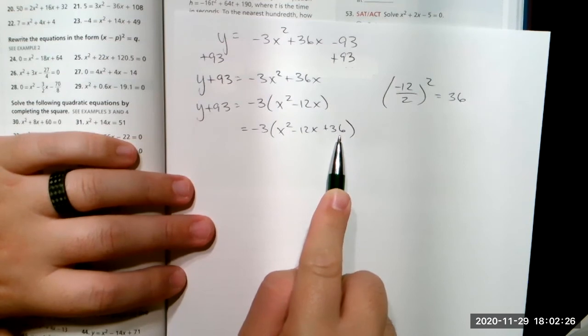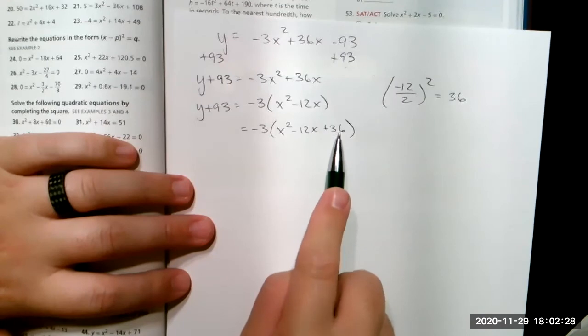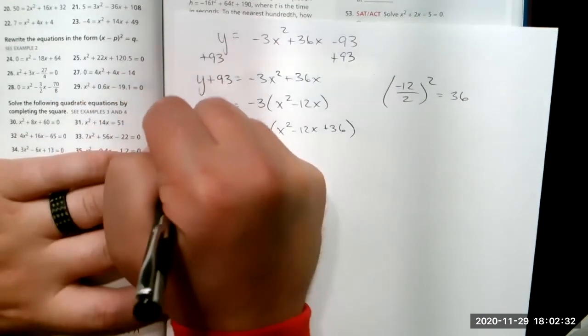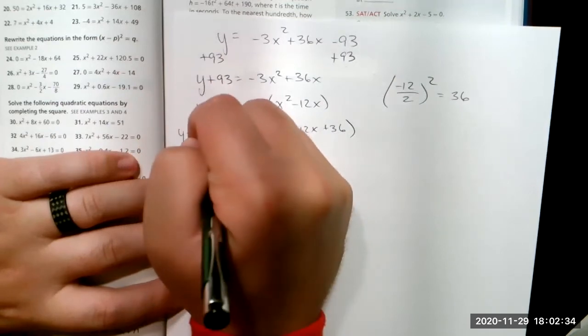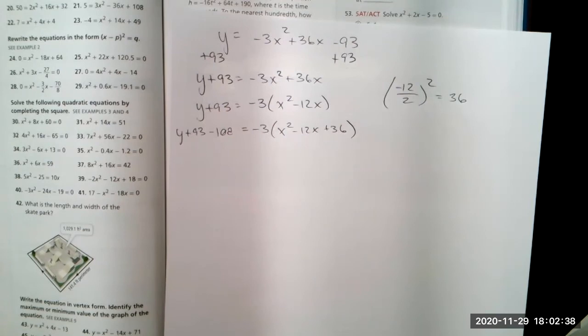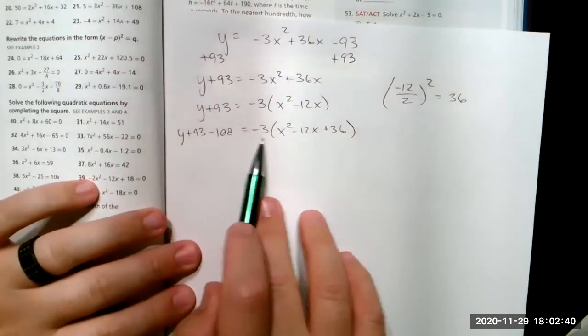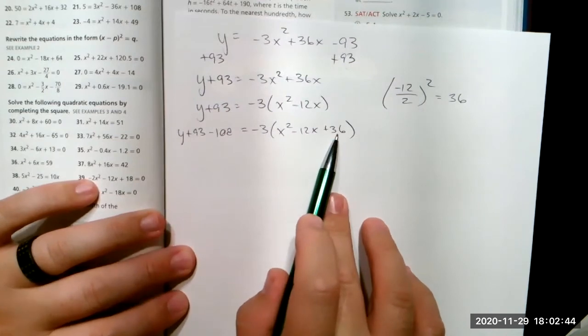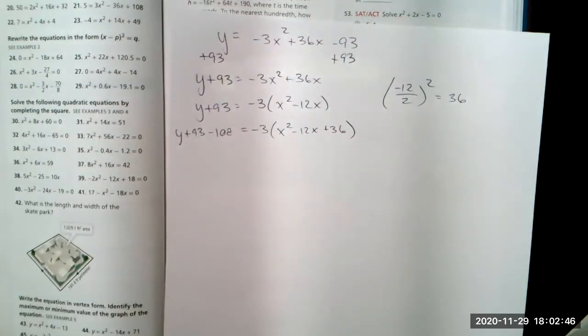Negative 108. So technically what I'm adding is negative 108. So I'm going to do the same thing to the left-hand side. Y plus 93 minus 108. Because I'm not just adding 36. If I redistribute that negative 3, I'm technically adding negative 108. So I need to add negative 108 to the left side as well.